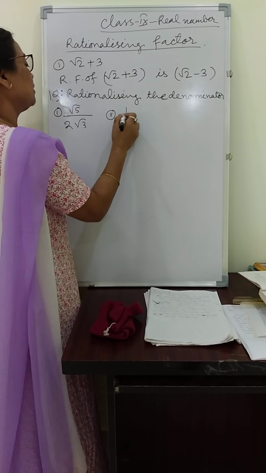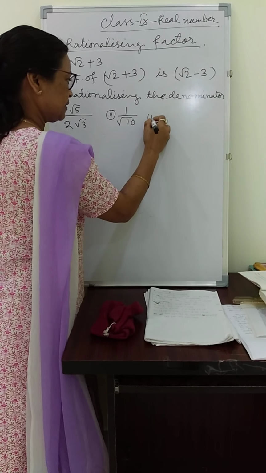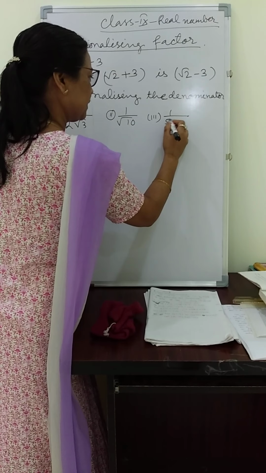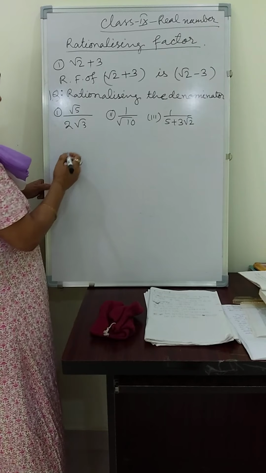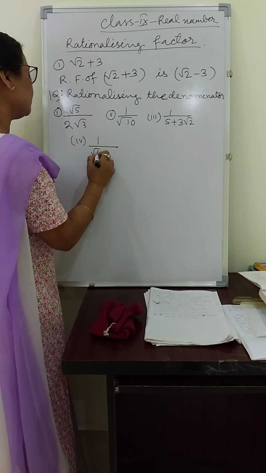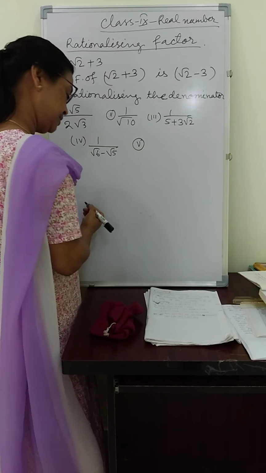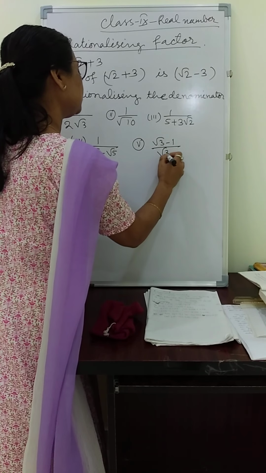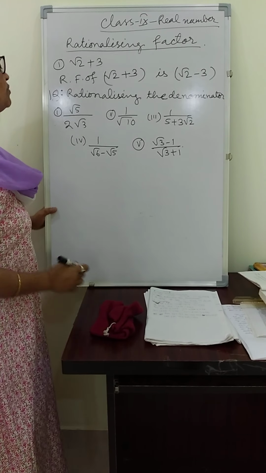Number 2, 1 by root over 10. Number 3, 1 by 5 plus 3 root over 2. Number 4, 1 by root over 6 minus root over 5. And number 5 is root over 3 minus 1 by root over 3 plus 1.